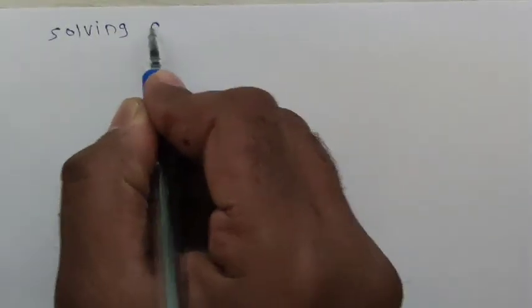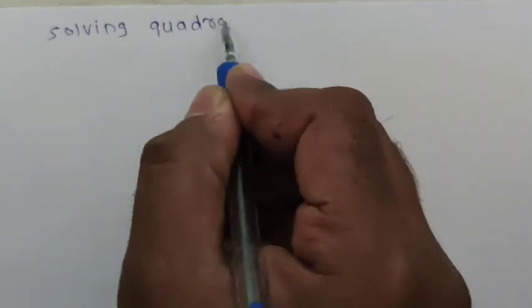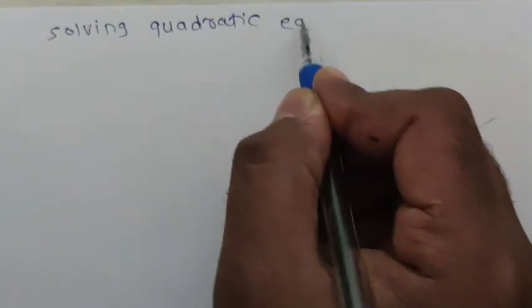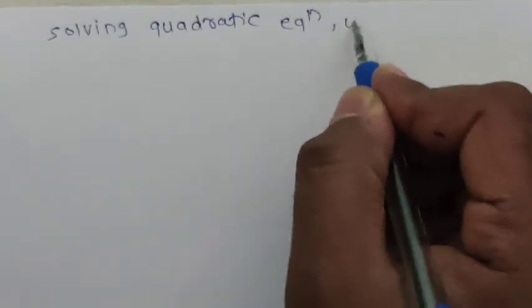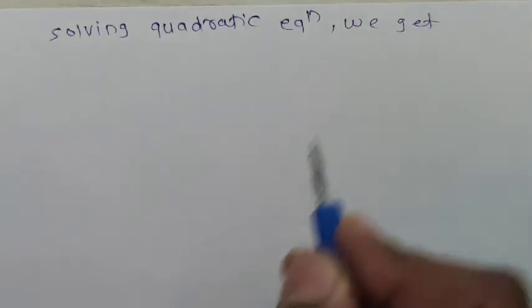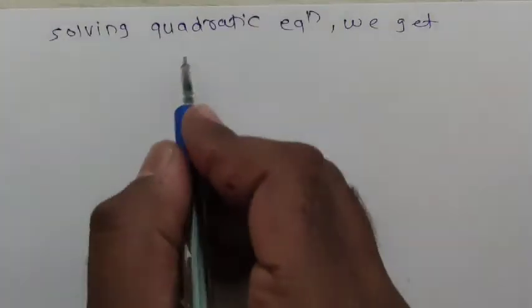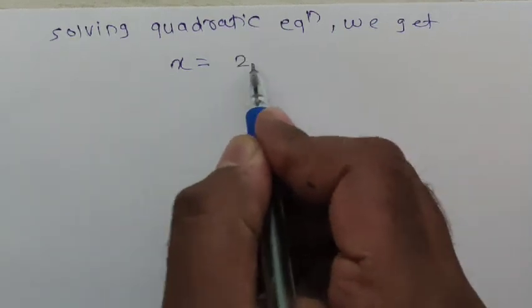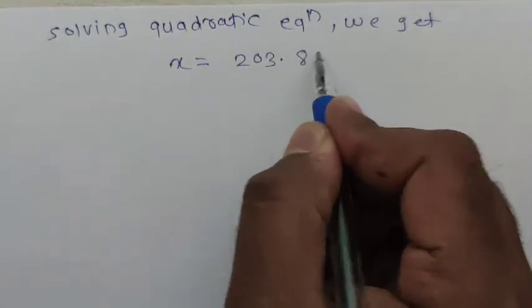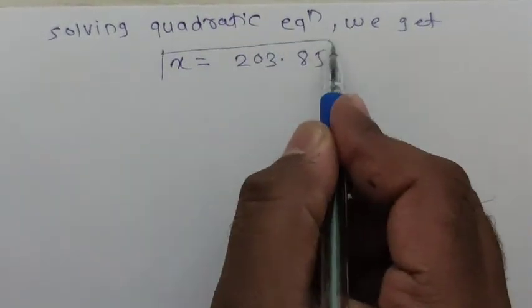Then solving the quadratic equation, we get x is equal to 203.85. This is the value of x.